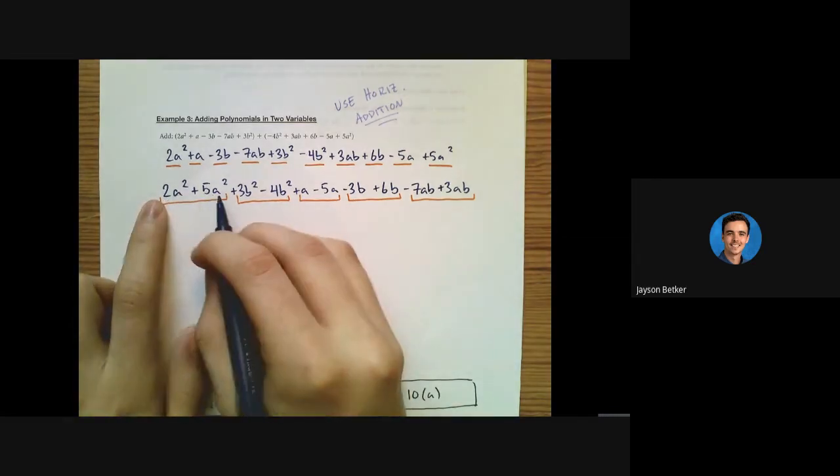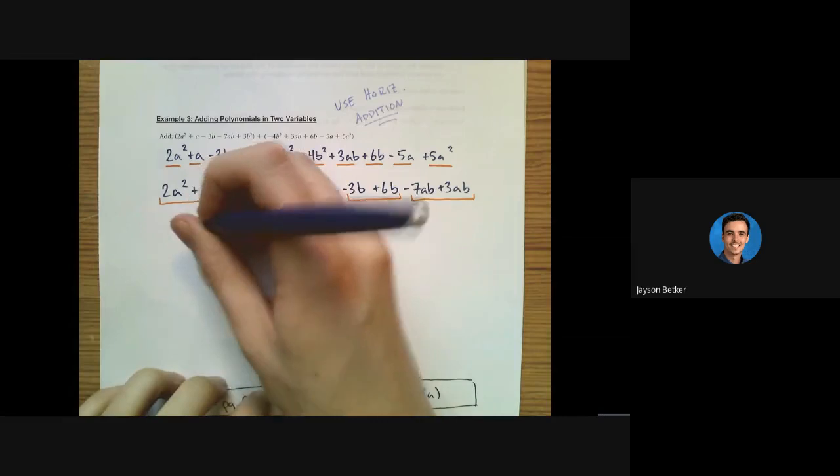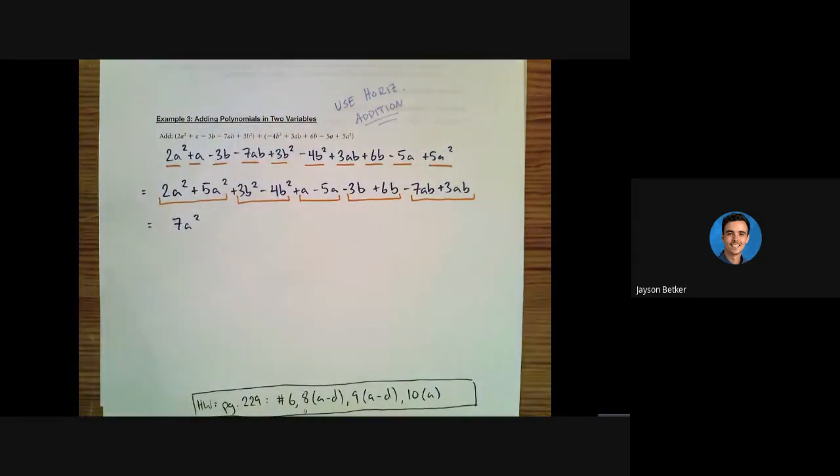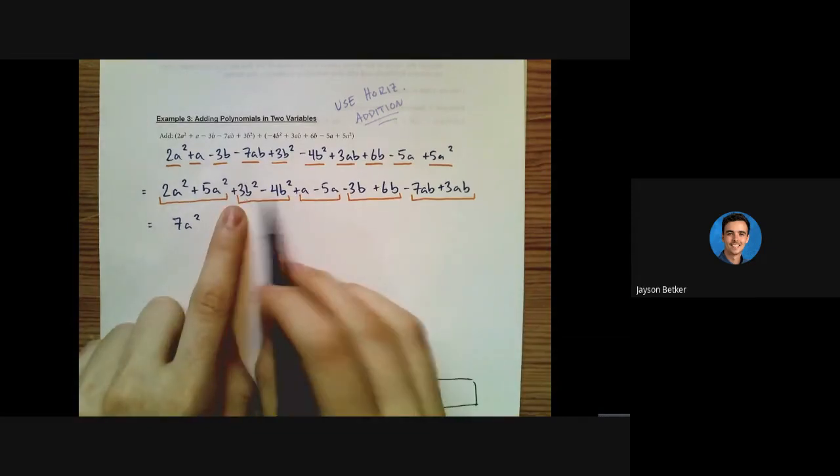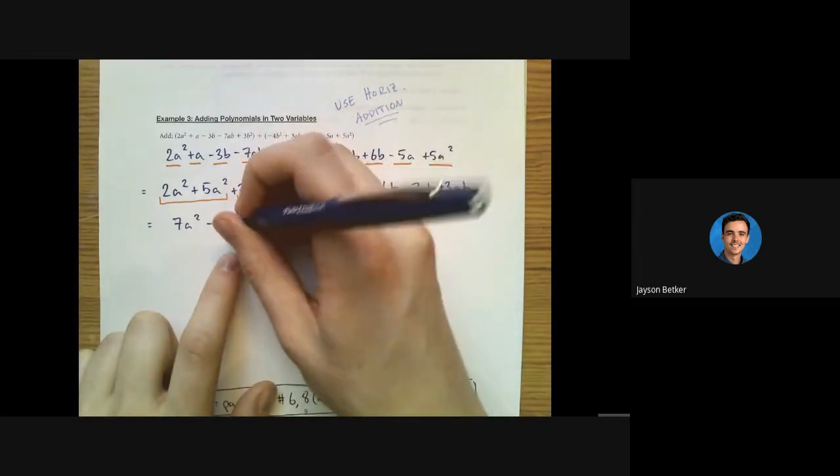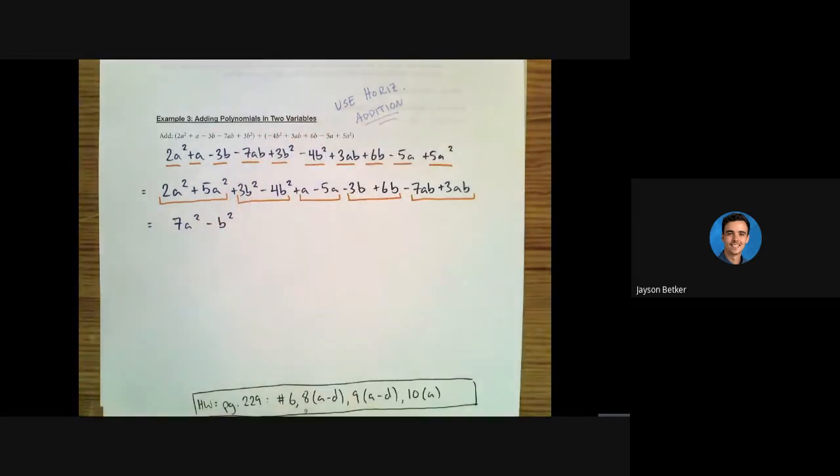2a squared plus 5a squared is 7a squared. I'll put an equal sign here because we are moving down and changing this. 3b squared minus 4b squared should give me negative 1b squared. Remember, if there's a 1, you don't have to write it, so just negative b squared.